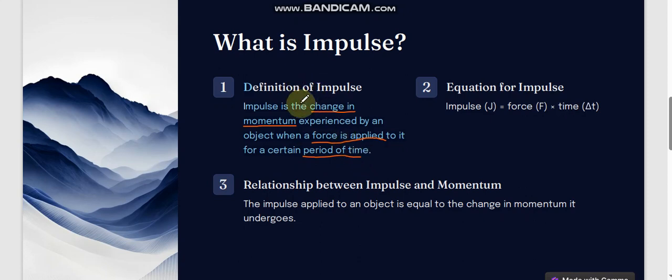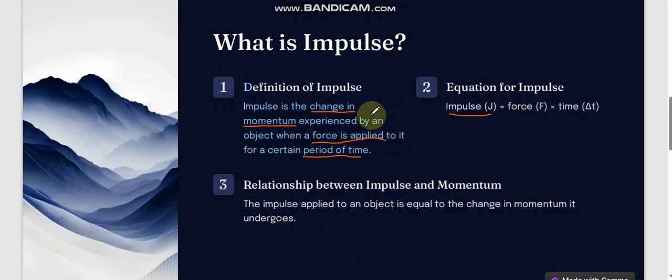As you can see here, the equation supports what the definition entails, because we said that the equation always follows what the definition says. It says the impulse is the change in momentum, and this is the equation of an impulse, denoted by capital letter J, equal to the change in momentum experienced by an object when a force is applied.